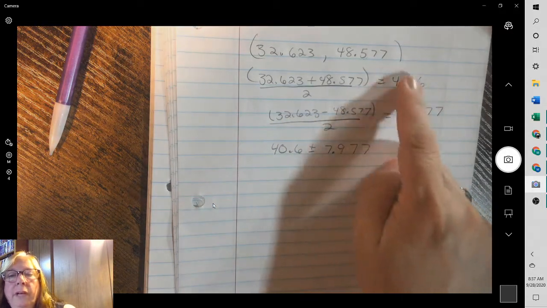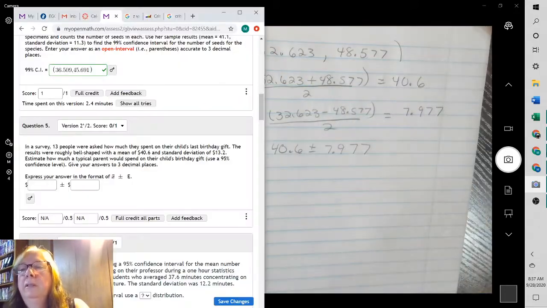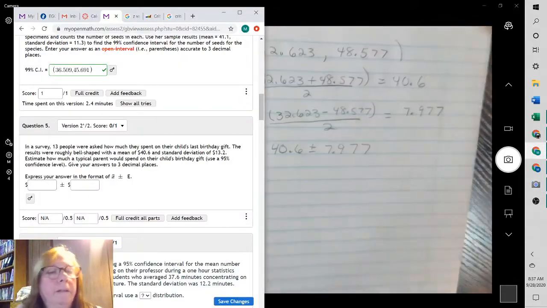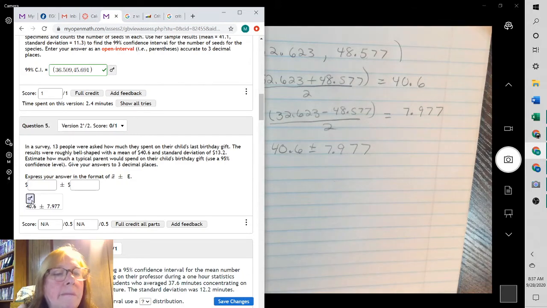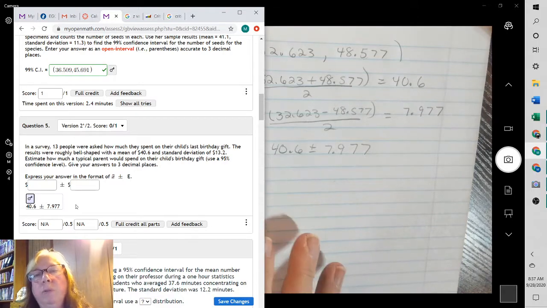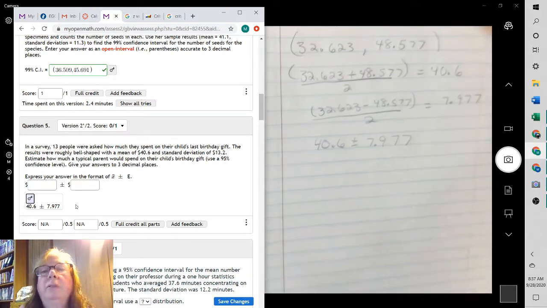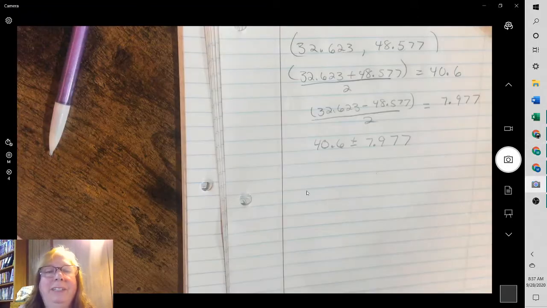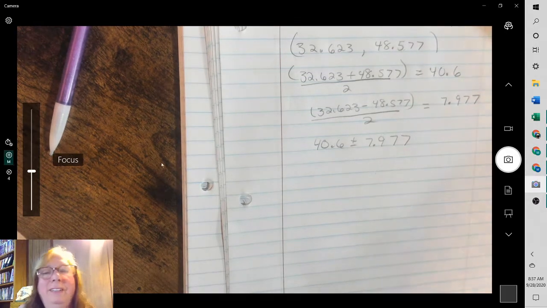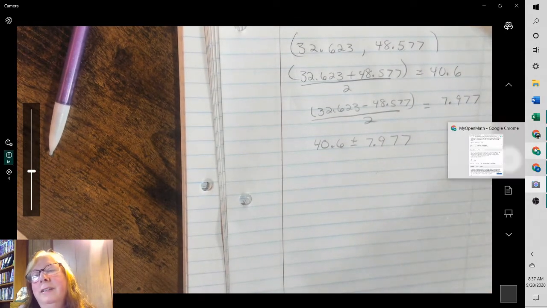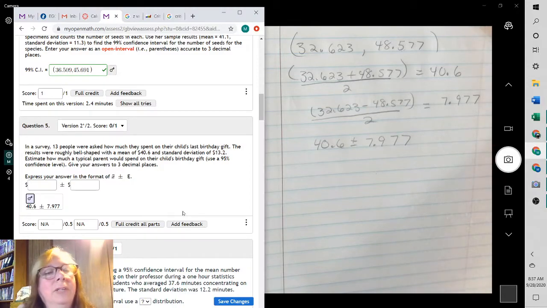And those two values are the plus and minus. Right here. 40.6 plus or minus 7.7977. So that will get you those values.